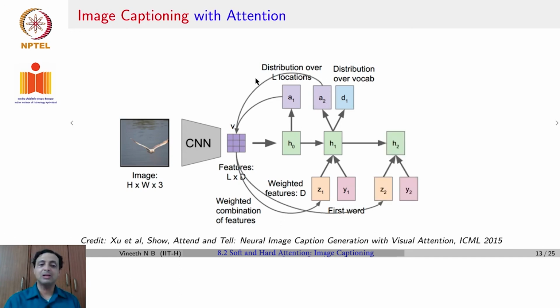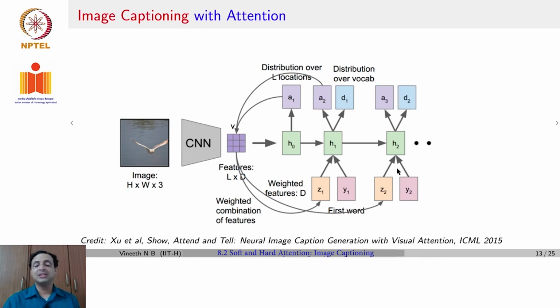A2 is once again multiplied with the feature map to give us a new weighted representation of the image feature map, Z2, and D1, which is the word generated, could be the input Y2, or when you're training, you could just have the second word of the caption as input Y2 to the next step of the RNN. So Z2 and Y2 are the inputs to the hidden state of the next step in the RNN.